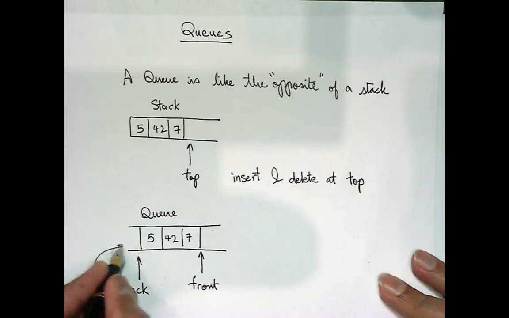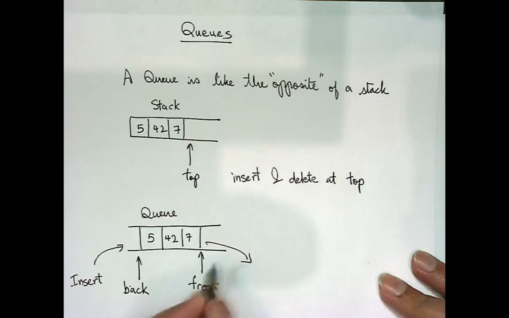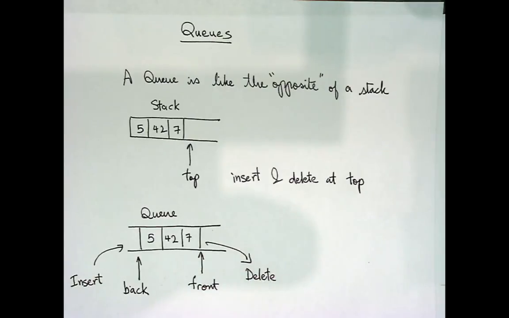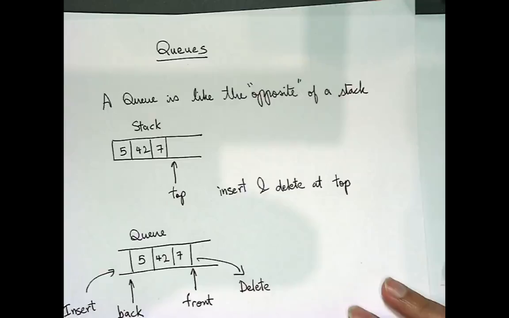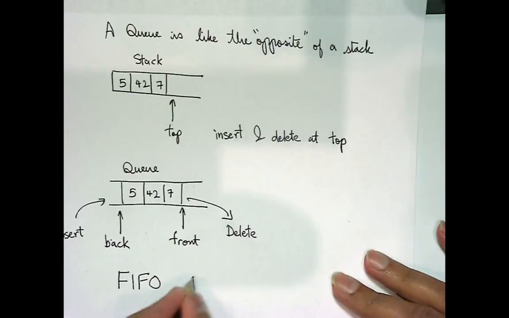Inserts are here, and the delete is from here. Make sense? So you insert at the back and you delete at the front. This is called FIFO, first in, first out.